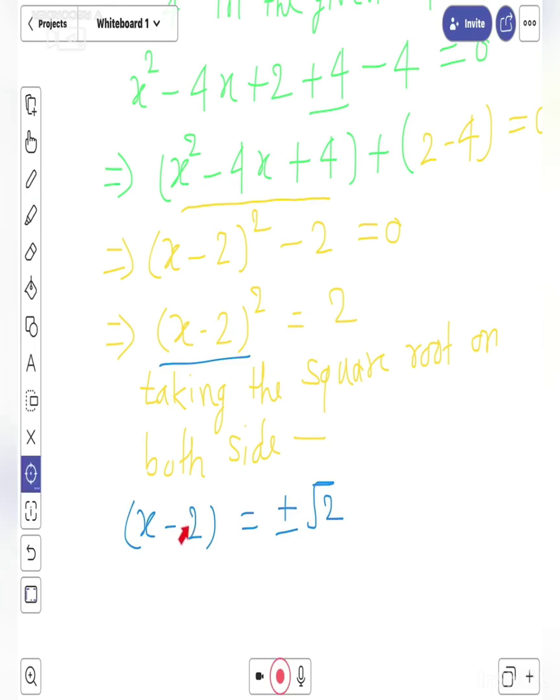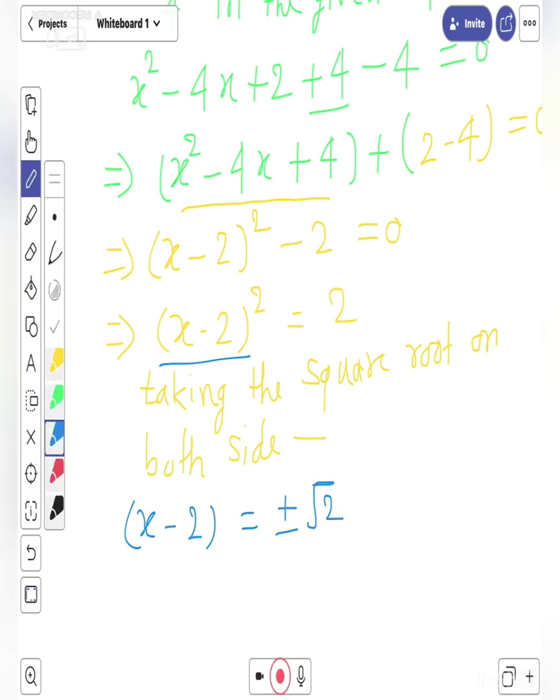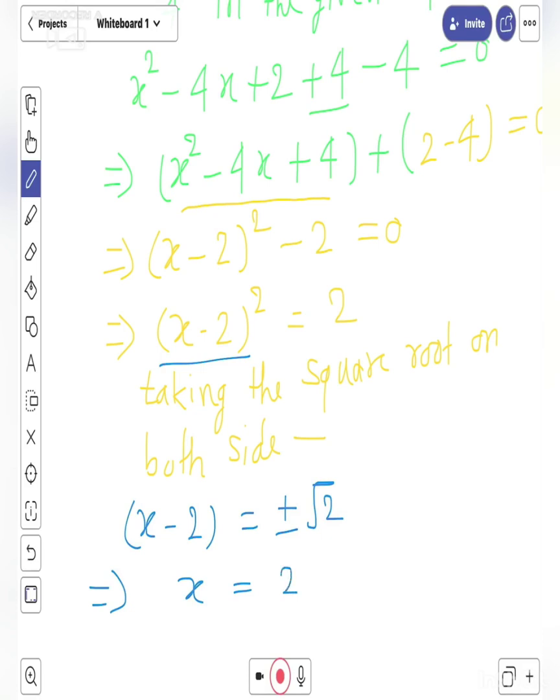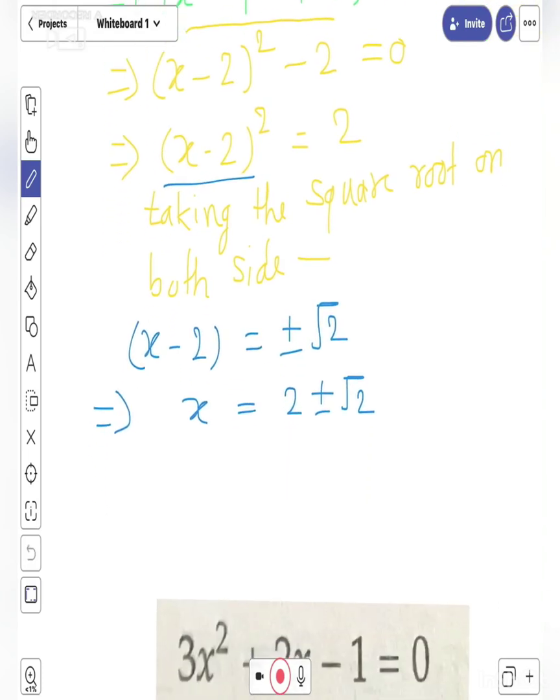Okay, so now transpose this 2 to the right side and you will get x equal to 2 plus minus under root 2. So finally this is the answer.